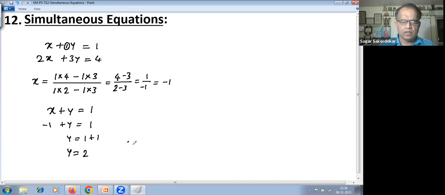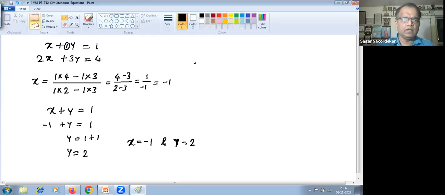So the final solution is x equal to minus 1 and y equal to 2. So this is the solution. x equal to minus 1, y equal to 2. Let's go for the next example.